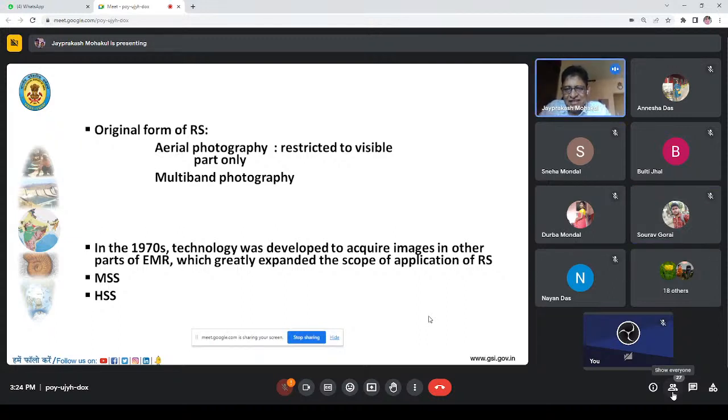The sensor you are having is a rectangular array, let's say 1000 by 1000. 1000 by 1000 is 1 mega, no? Yes, 10 to the power 6, no? Am I correct? Are you able to get me? Hello?